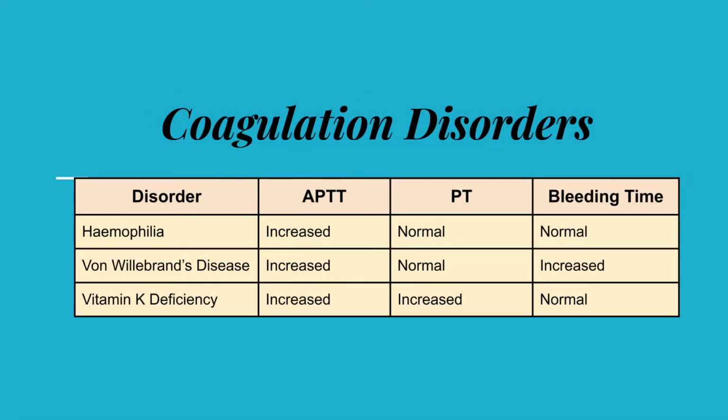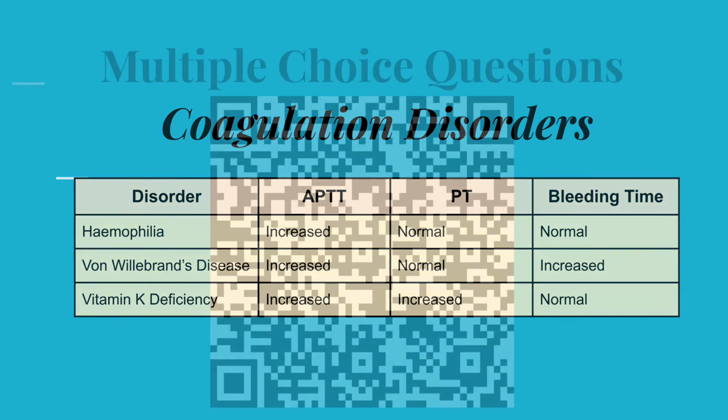Last but not least, von Willebrand disease is the commonest coagulation disorder, which prolongs the APTT and bleeding time, whereas hemophilia A and B are X-linked recessive mutations causing factor 8 and 9 deficiency. Hence, it is commoner in males and usually prolongs the APTT only.